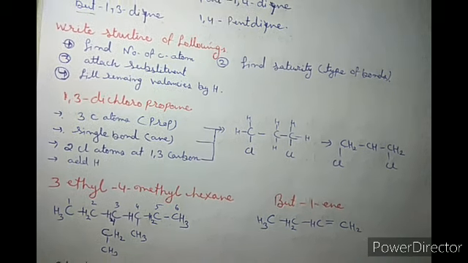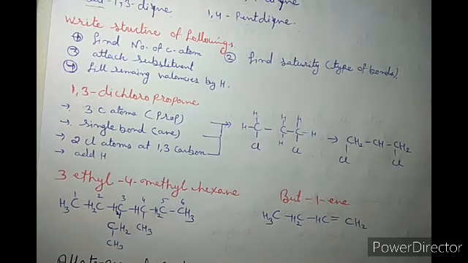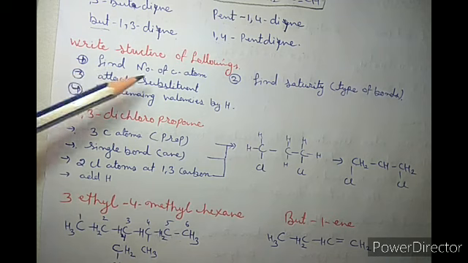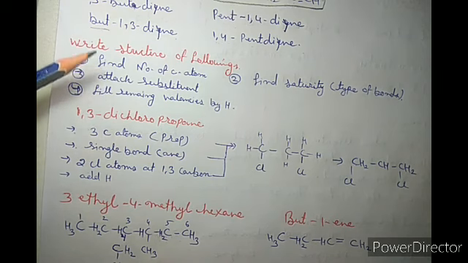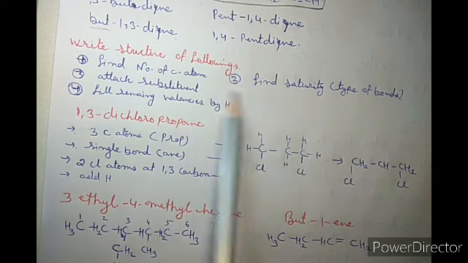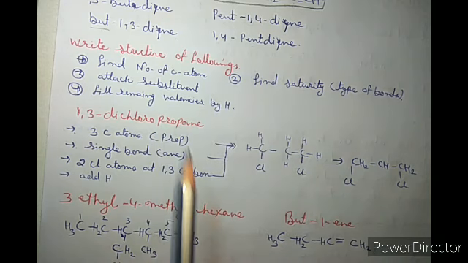Okay. Now one thing we can also do: sometimes the name is given and we have to write the structural formula. For that, from the name of the compound we have to follow these steps. It is not compulsory to use them in first, second, third, fourth order, but these 4 steps should be used.